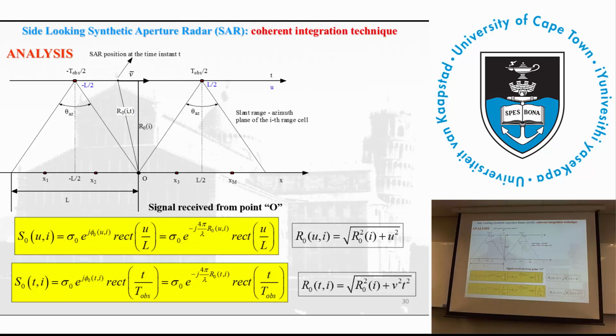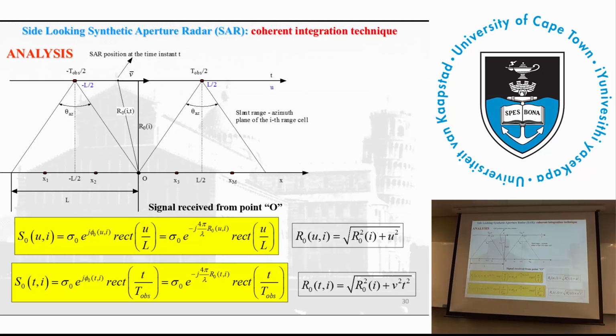And this is going to last, in terms of u, over L, because from here to here we have a distance equal to L. And it is centered around 0, so this rectangular function means that I'm going from minus L divided by 2 to L divided by 2. So within this coordinate u, I have a signal defined with spatial coordinates, and this phase term depends on the spatial coordinates.